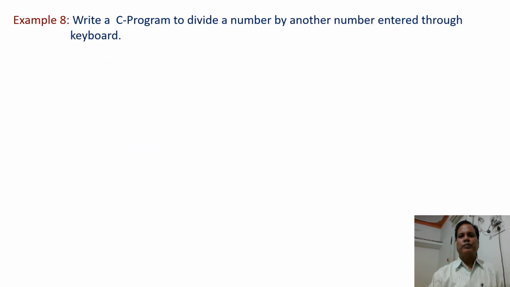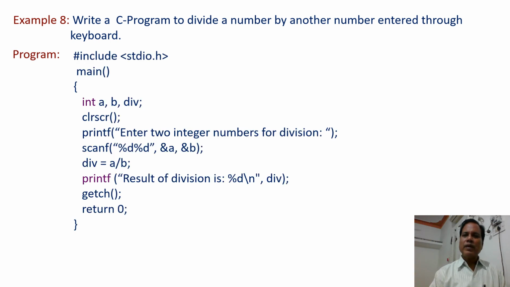Next problem. This problem is similar to the previous problem, only the difference is that numbers are taken through the keyboard. So as previously discussed, we write two extra statements, one for displaying the message on the output screen, another for getting the data from the keyboard.